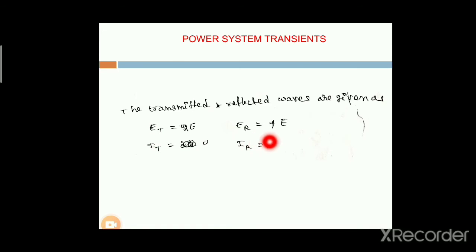Then ER is equal to E and IR is equal to minus I. This is the transmitted and reflected waves at the open circuited end: ET is the transmitted voltage, IT is the transmitted current, ER is the reflected voltage, and IR is the reflected current.